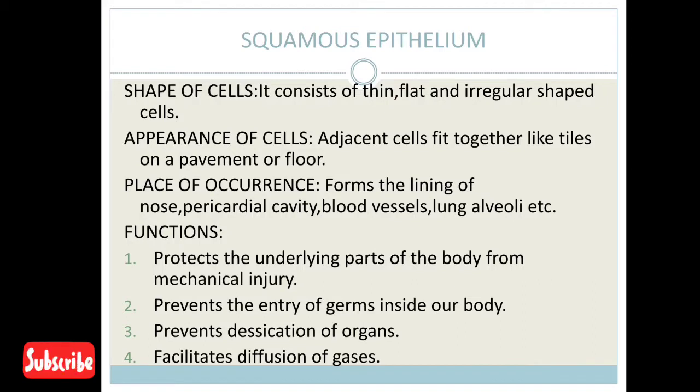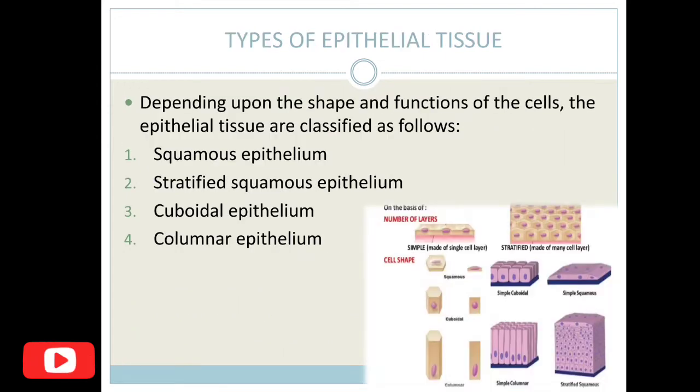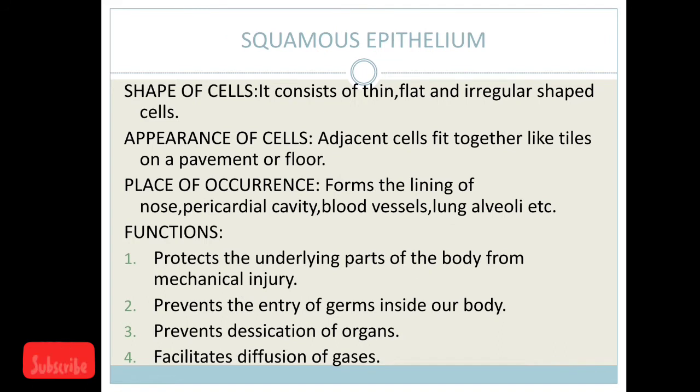Here the cells are thin, flat and irregular in shape. You can see in the picture how it is. The appearance of the cells is just like tiles on the floor, meaning the adjacent cells fit together.